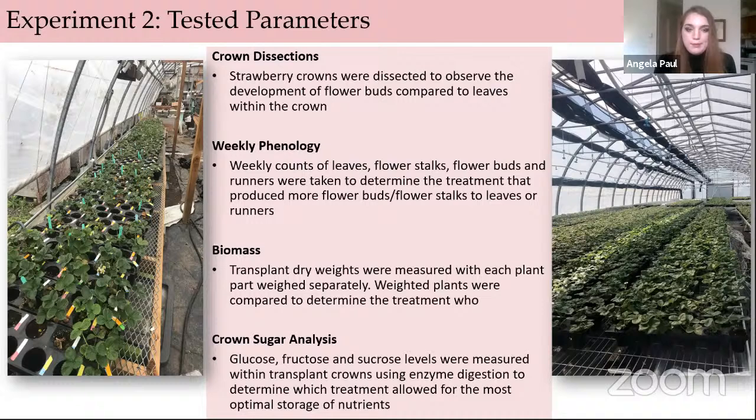I also wanted to compare biomass and the overall dry weights between the treatments to see if there's any difference there in the amount of plant growth leading up to dormancy. And then I also wanted to compare the crown sugar analysis by looking at glucose, fructose, and sucrose levels within the crown, as this could determine how well the plant survives through winter and how well nutrients are being utilized within the plant, allowing for more flower bud production.